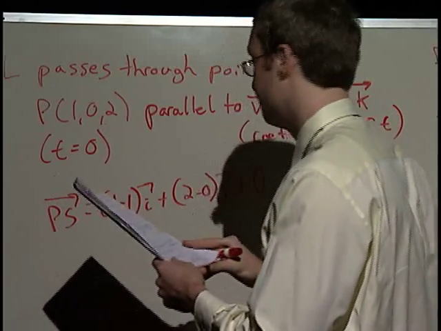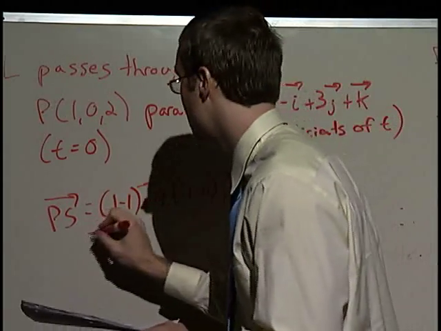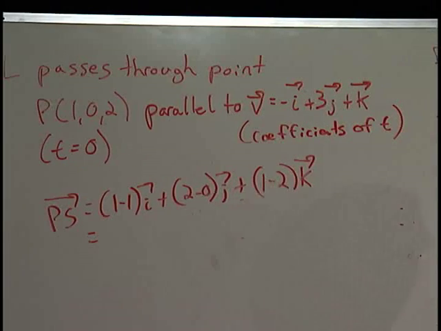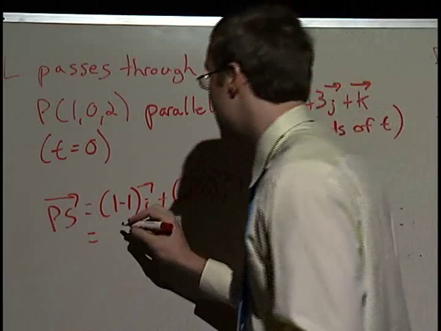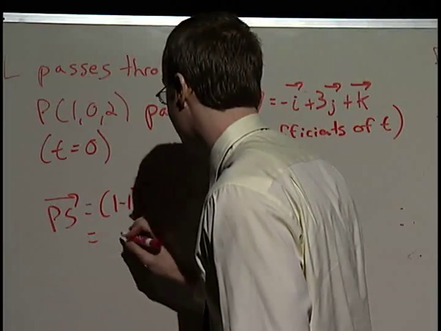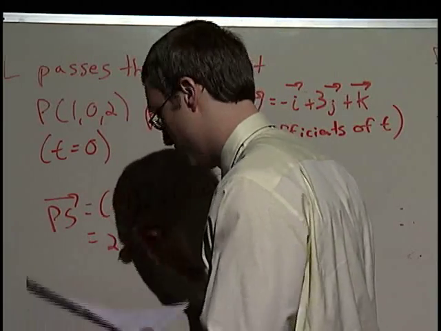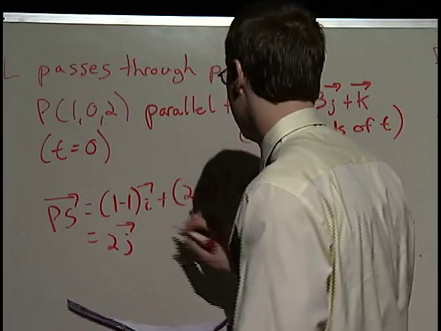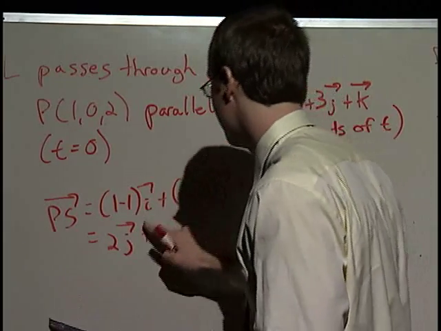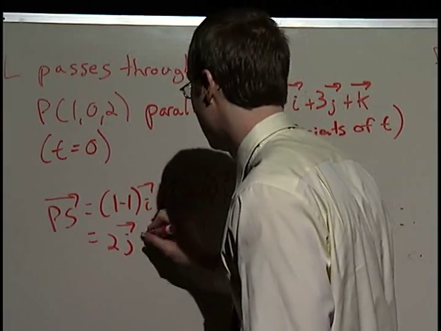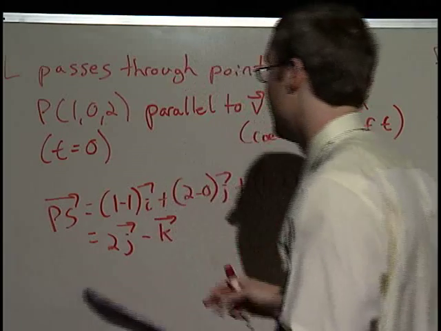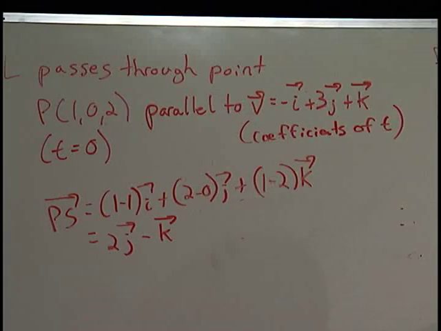And let's see here. Am I going in the right direction here? Yes, I am. So that would be 0i and 2j, and 1 minus 2 is minus 1k. Right? Minus 1k there. Okay.